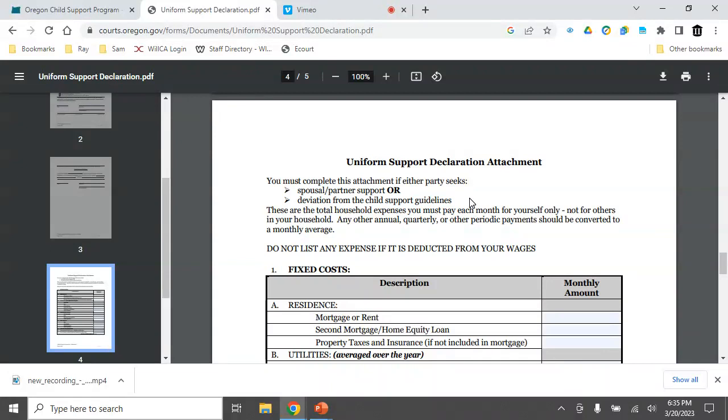And some of the reasons you might ask for a deviation are if, say, for example, you're paying child support, but you're also paying extraordinary medical expenses for your child, you might ask for a break on child support. Maybe there's tutoring expenses, sports expenses, whatever it is. If you're paying some kind of heavy freight for your child, you might ask for a deviation that child support be either raised or lowered.